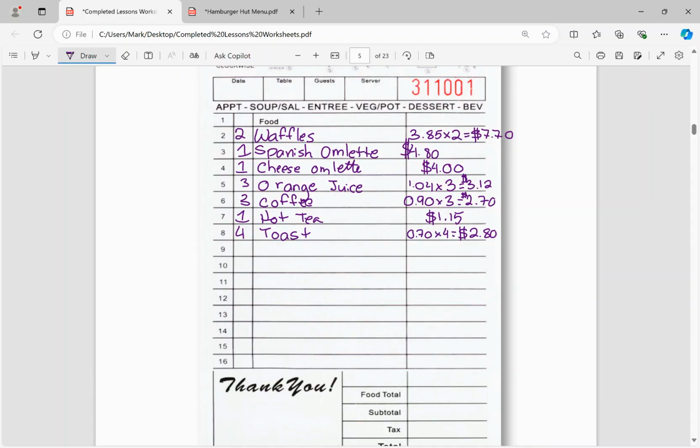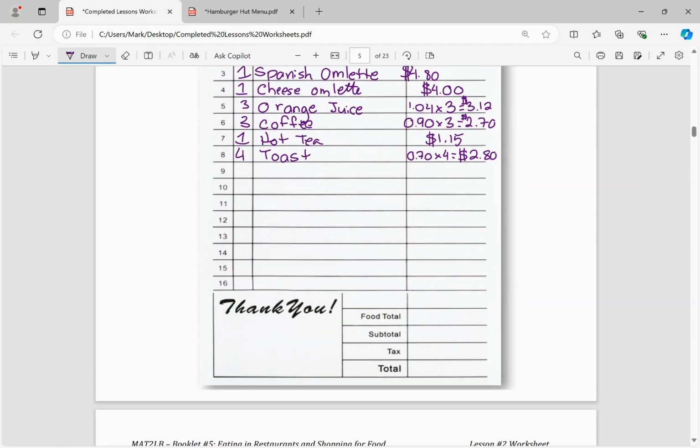That brings us to a total of $26.27. All right, that is our subtotal.